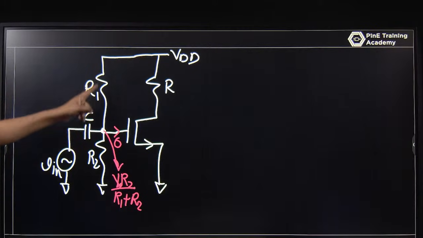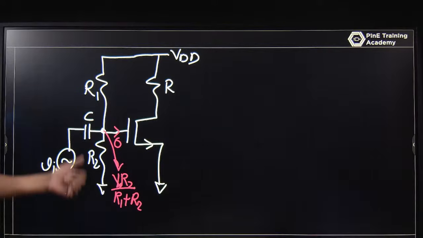That is basic potential division. This happens because you have a DC voltage, so you can analyze this part.